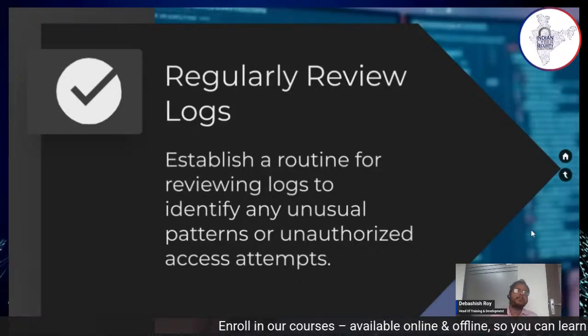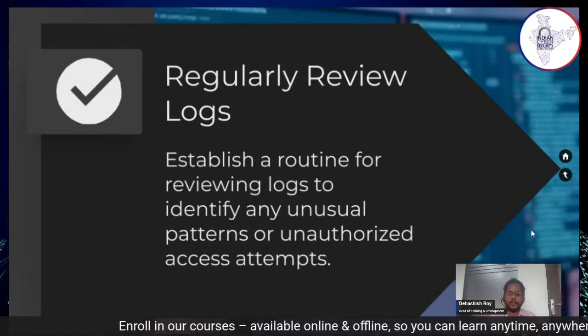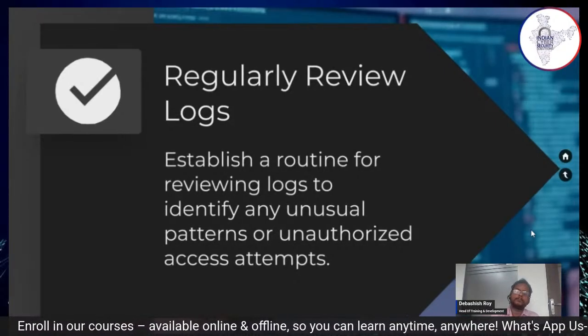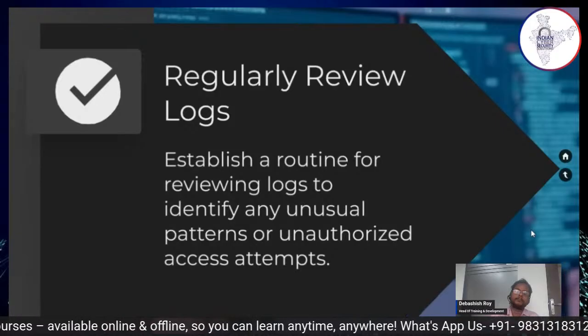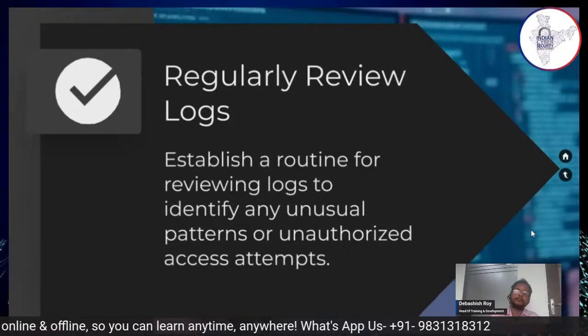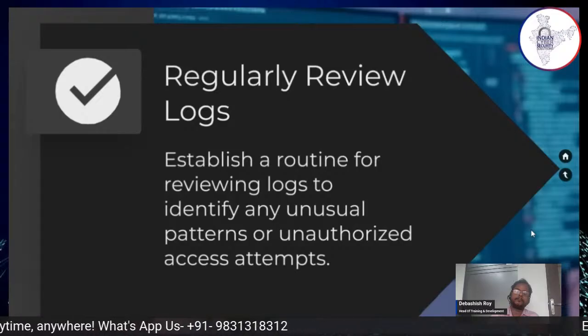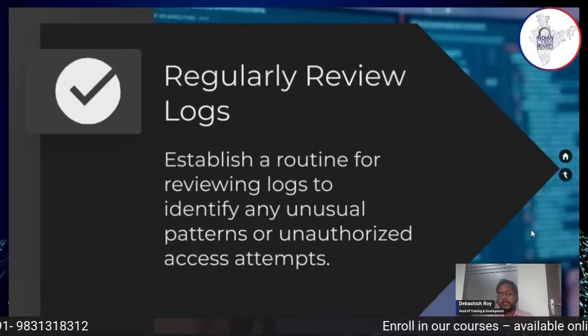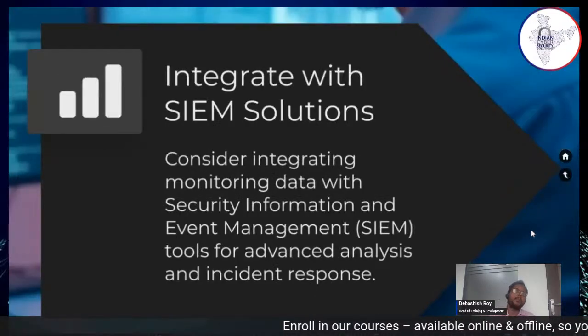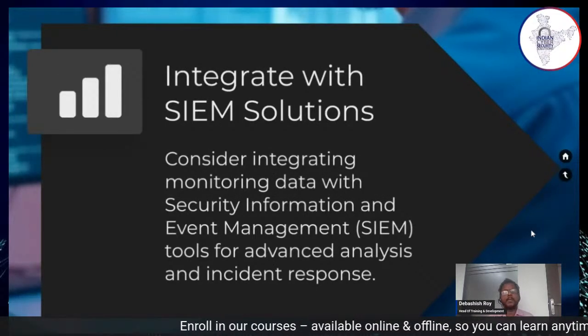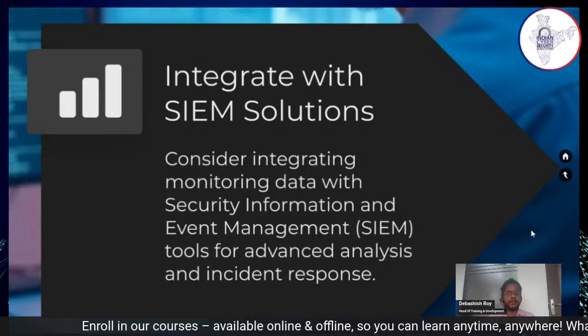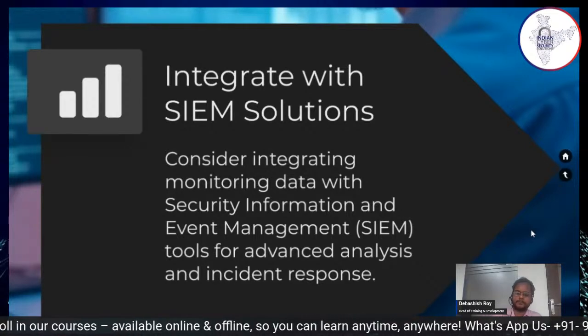So these are the methods to maintain EC2 security. Monitoring data, you have to combine IAM, you have to combine security, everything you have to combine to make it proper cloud security in the EC2 instance.